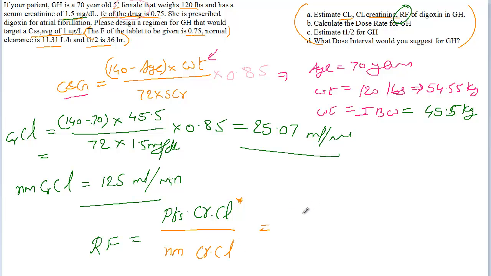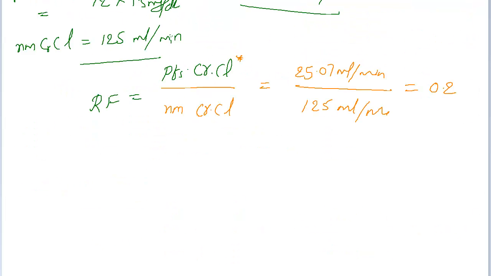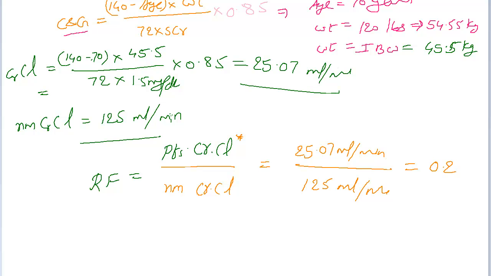The patient's is 25.07 ml per minute divided by the normal clearance, 125 ml per minute. If you solve this, we'll have a value of 0.2. There are no units because the units cancel over here. So now that we know the renal function, let's calculate the renal fudge factor.